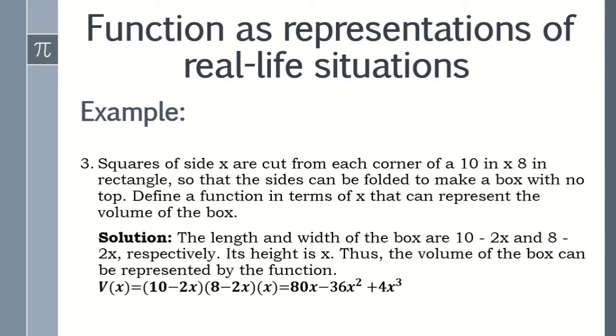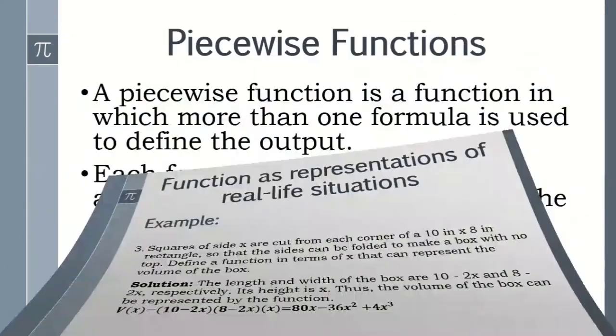Okay? So, there are functions that require more than one formula in order to obtain the given output. There are instances that we need to describe situations in which a rule or relationship changes as the input value crosses certain boundaries. So, in this case, we need to apply what?